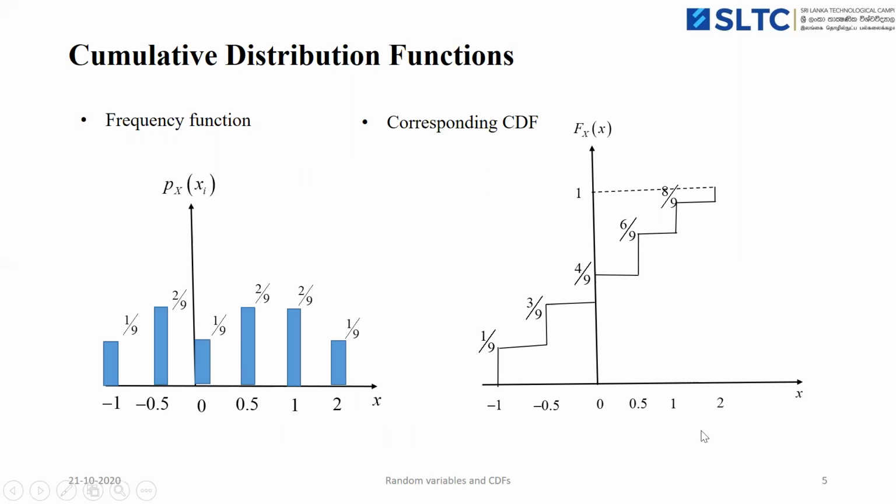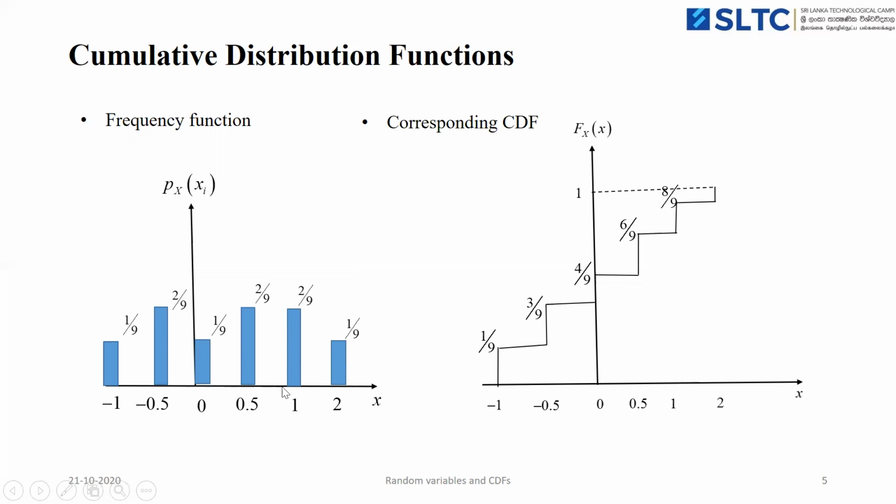Here it shows the graphical representation of the frequency function and the corresponding CDF function. The x-axis represents the numerical values of the random variable x, which varies from minus 1 to 2, and the y-axis shows the value of the frequency function px of xi. For minus 1, the value is 1 by 9, for minus 0.5 it is 2 by 9, and so on.